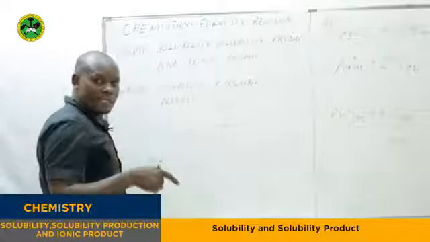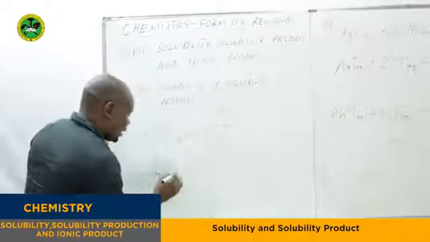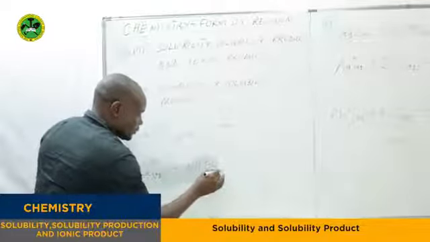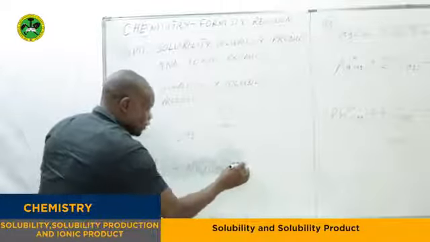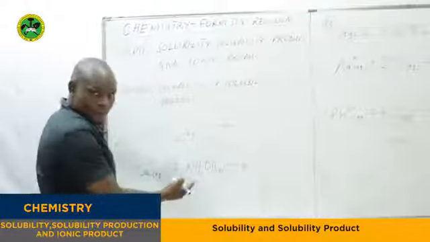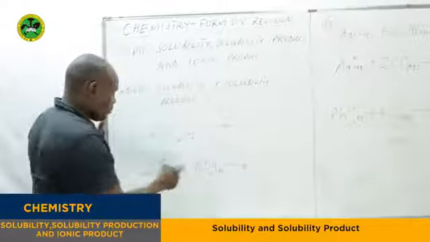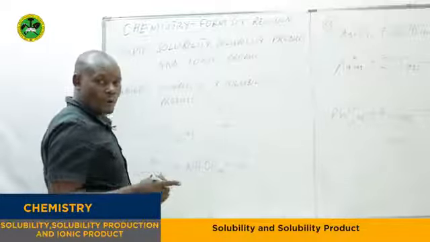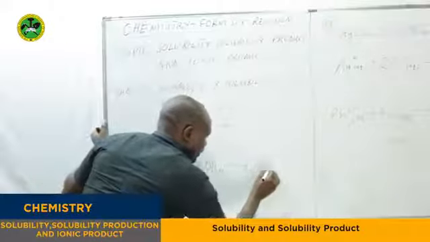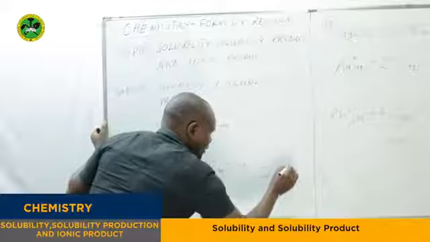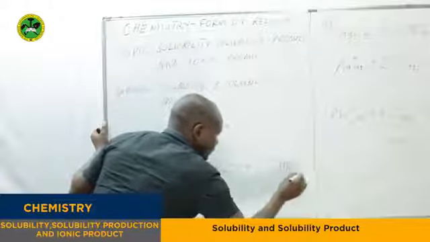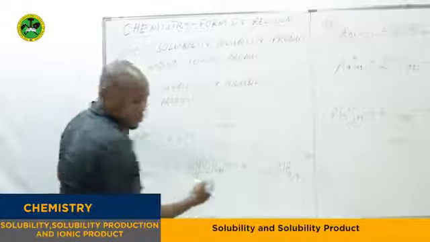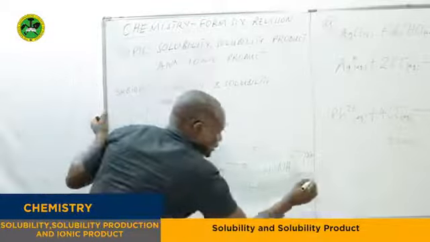In a concentrated ammonia solution, we have aqueous ammonia. So what will happen? The ammonia, which is our ligand, will combine with the copper(II) ions, leading to the formation of a complex compound, which will be the tetraamminecopper(II) ion, aqueous.